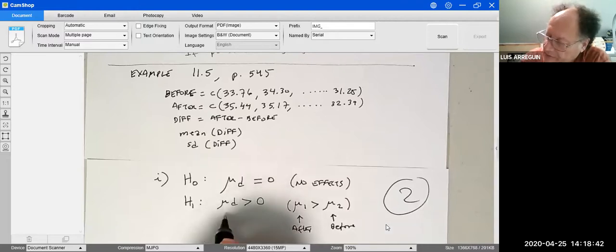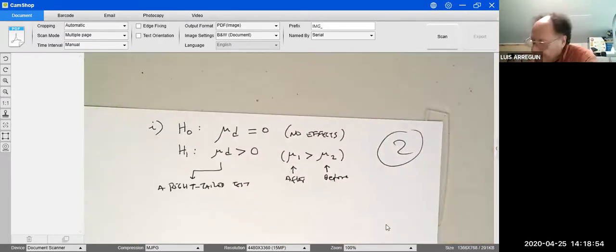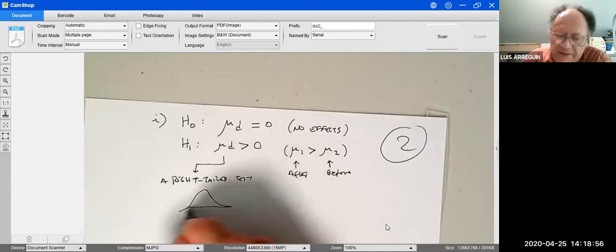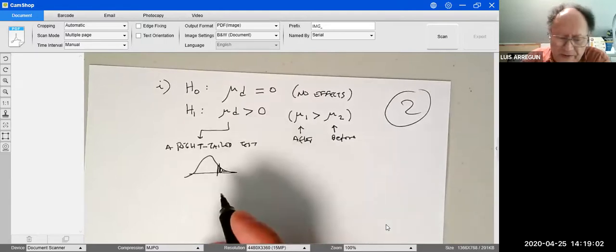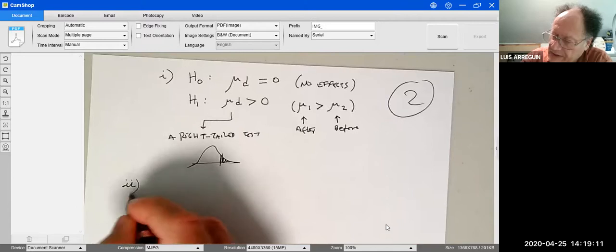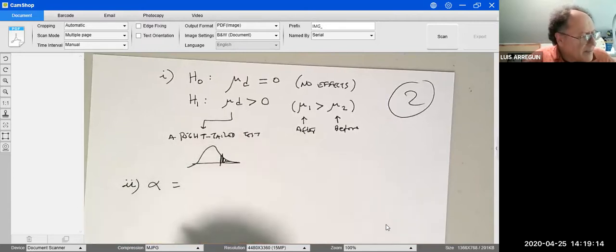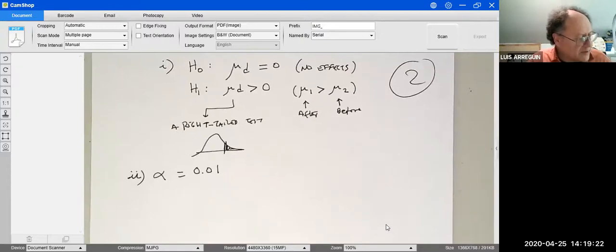So from the alternative, you're going to see that this is a right tail test. So that means that you're going to have something like this. So let's compute then the differences and also the mean and the standard deviation to be able to conduct our test. Alpha in this case is given and is 0.01. So that's the significance level that is provided.